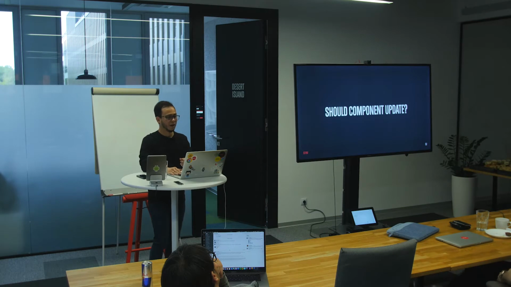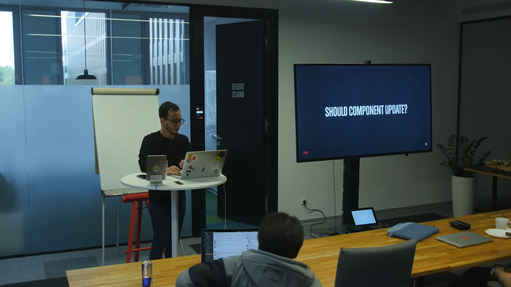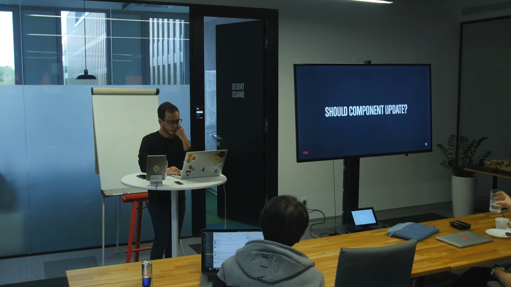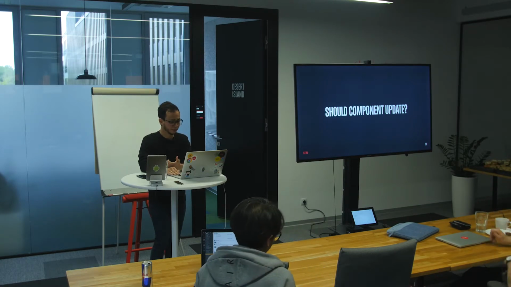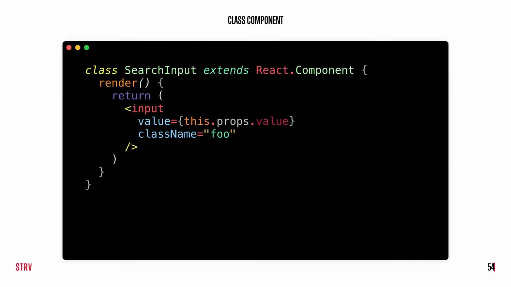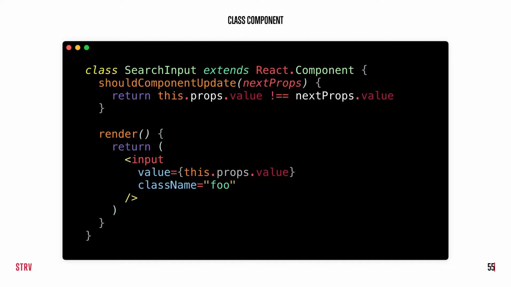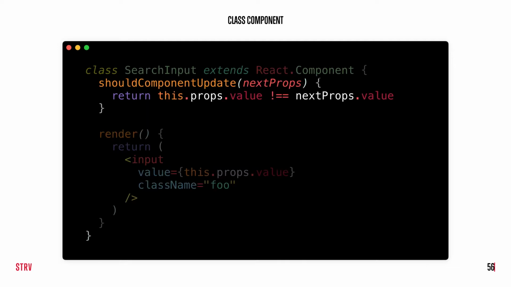So the way to do it is with a lifecycle. If we're talking about classes, it's called shouldComponentUpdate. So let's say we have this search input here, and there is just a render method, but if we want to avoid even going to the diffing part, we create this shouldComponentUpdate.